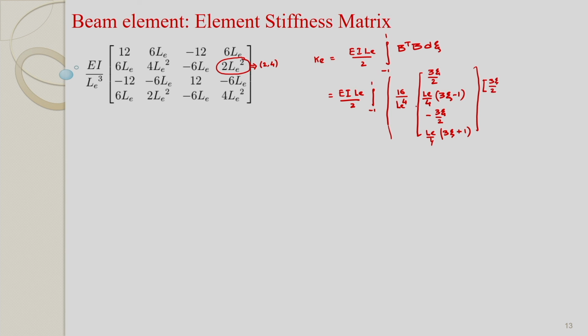For B, already 4 by Le square I have taken care here. So, Le by 4 (3 xi minus 1), minus 3 xi by 2, then the fourth term Le by 4 (3 xi plus 1).